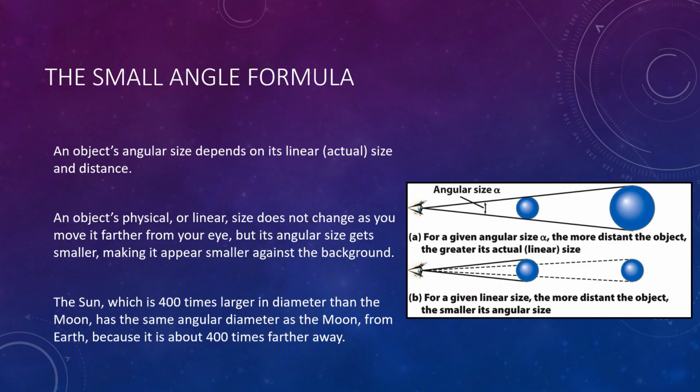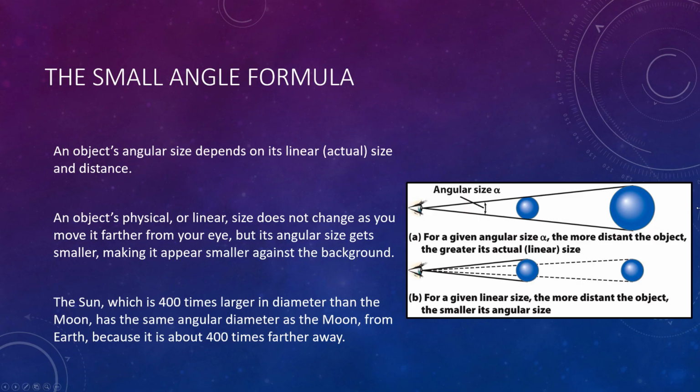The sun, which is 400 times larger in diameter than the moon, has the same angular diameter, so about 1/2 a degree in the sky, as the moon. But that's because it's 400 times further away. So part A of this image tries to show that. Imagine this being the moon, this being the sun. The moon's closer and smaller, so to us they span the same angle as a result.